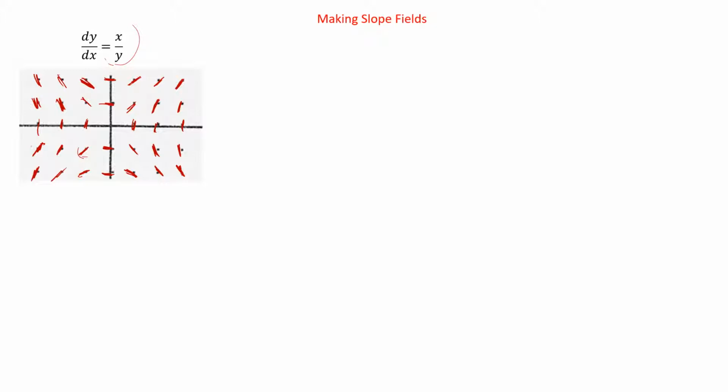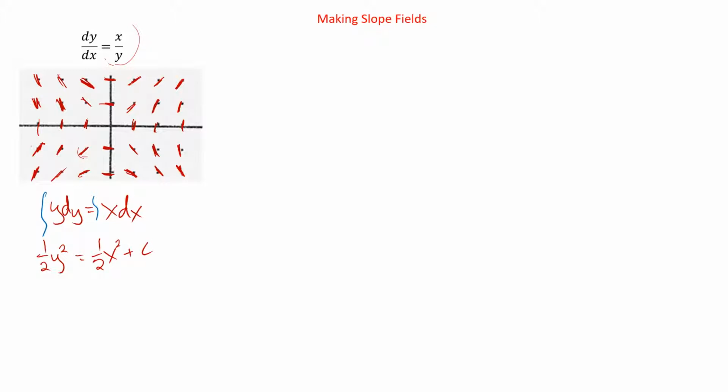So here we could separate the variables. In this case, we'd multiply y over. This is more practice of what we were just doing. That's why we're doing this. So we'll have y dy equals x dx. We can take the antiderivatives of both sides now. So we get 1/2 y squared equals 1/2 x squared plus c.